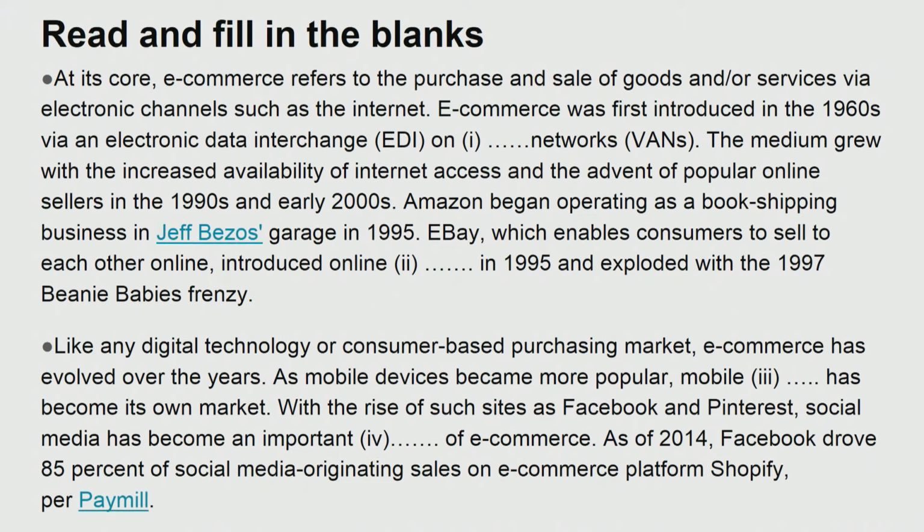The medium grew with the increased availability of internet access and the advent of popular online sellers in the 1990s and early 2000s. Amazon began operating as a book shipping business in Jeff Bezos' garage in 1995. eBay, which enables consumers to sell to each other online, introduced online dash in 1995 and exploded with the 1997 Beanie Babies frenzy.